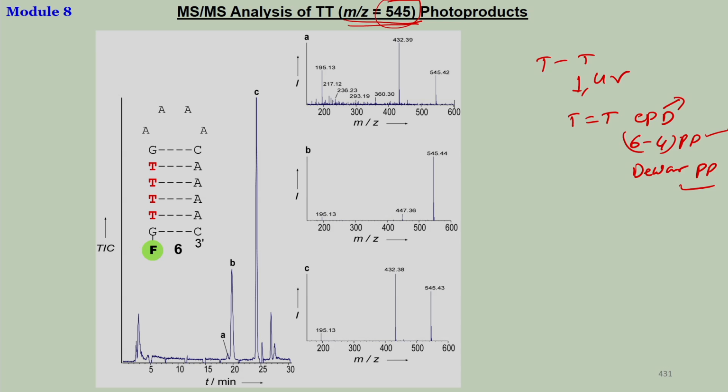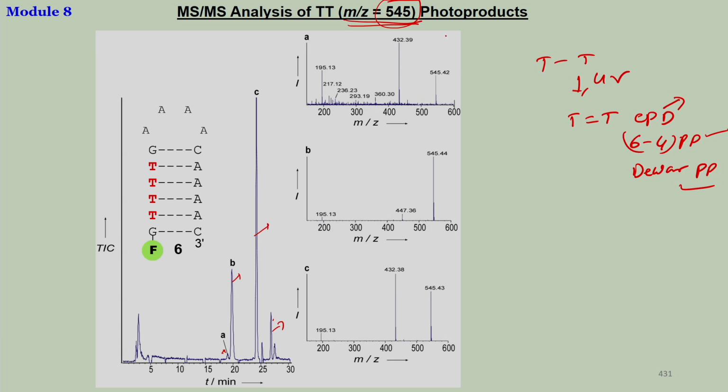This is the HPLC diagram, which is connected further to the mass spectrometer. All these peaks go individually through the mass spec to analyze the mass and the fragmentation pattern: A, B, C, basically.